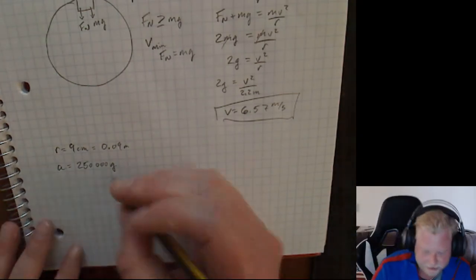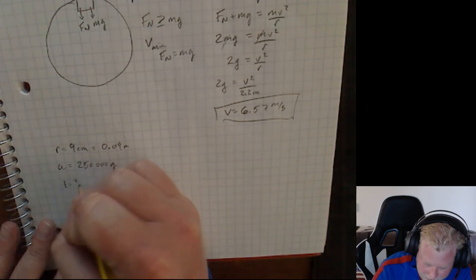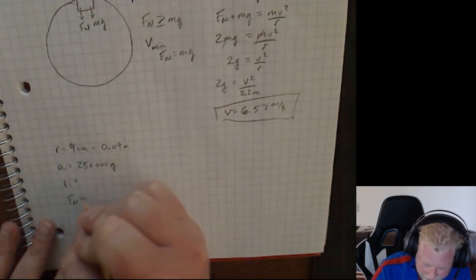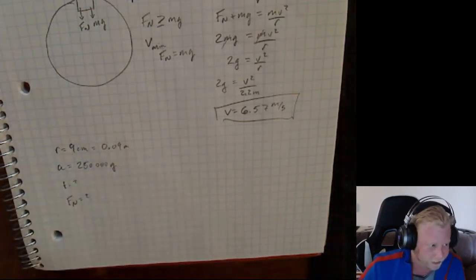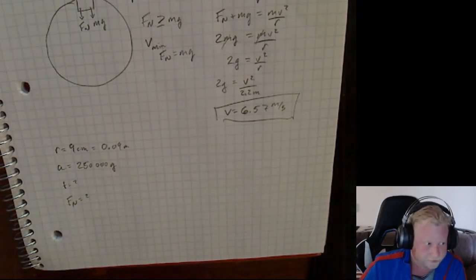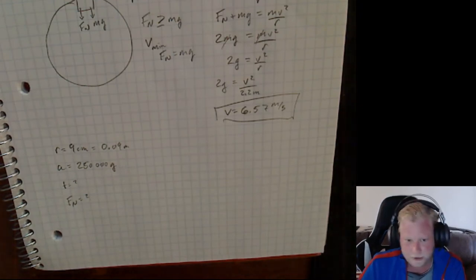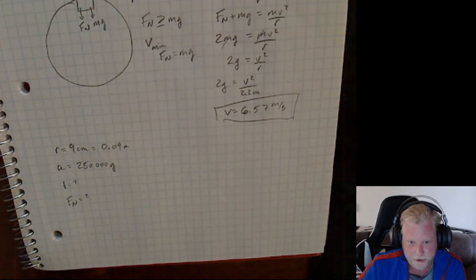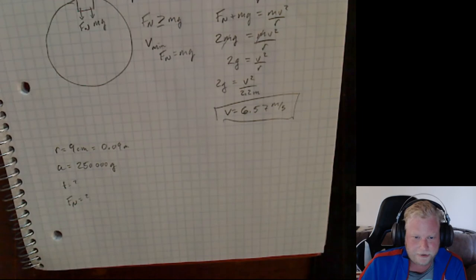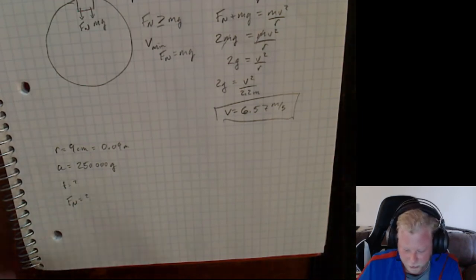And we want frequency, and we want apparent weight. So if we're looking for apparent weight, we're looking for the normal force. Alright, if we want to find the frequency, we are going to want to know the speed.